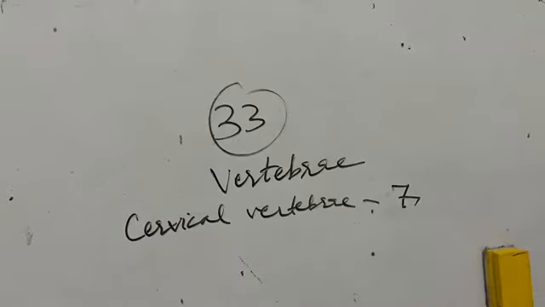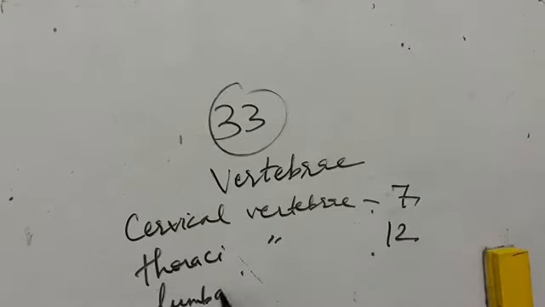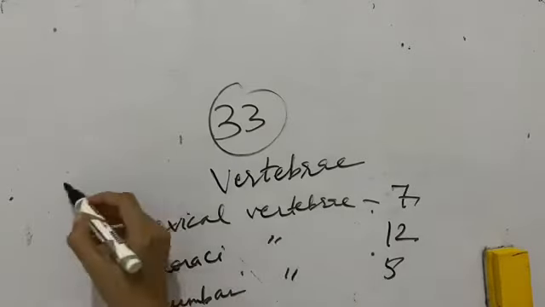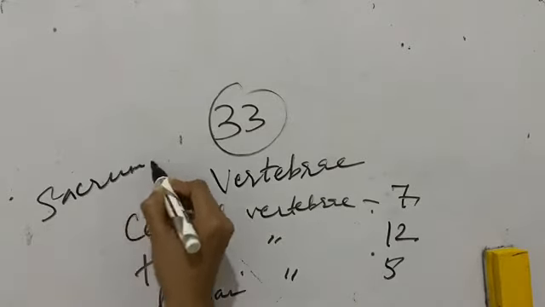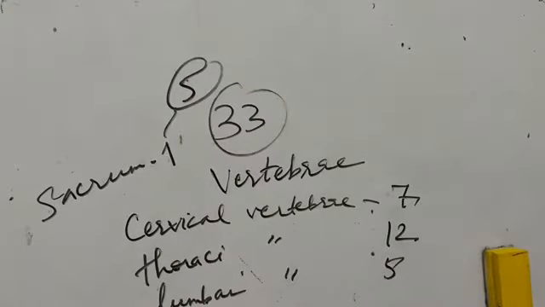Then in your chest region, means behind, not at the front but at the behind. The backbone is present in the behind, right? So after the cervical vertebrae come the thoracic vertebrae, which are 12 in number, and after that come the lumbar vertebrae, which are 5, and then there is one, you can't see it, after that there is one sacrum, but this one is made up of 5 bones which are fused together, but we count it as one only.